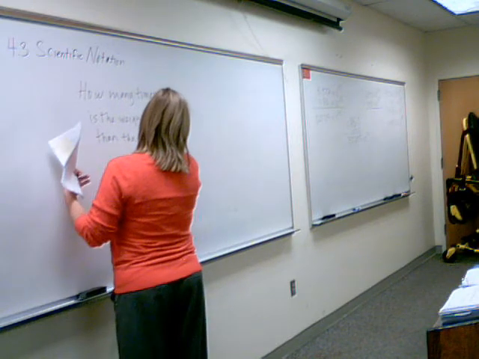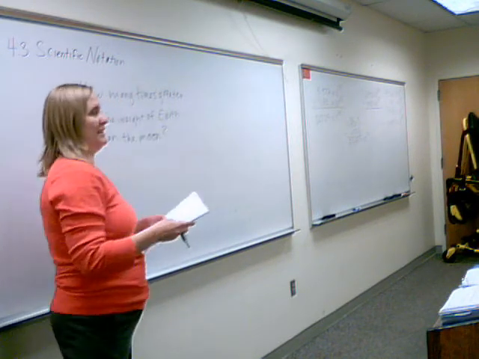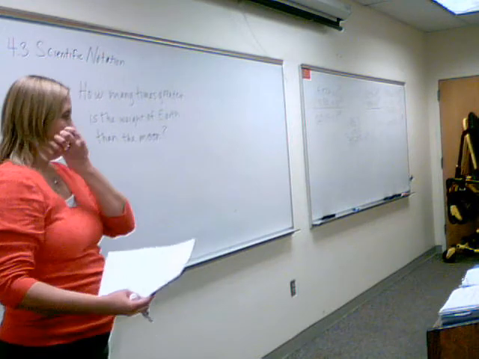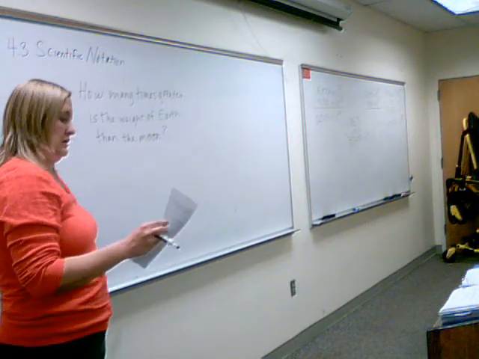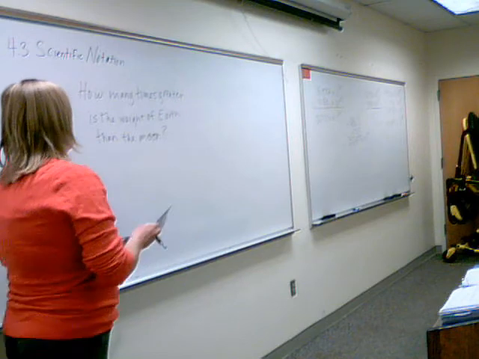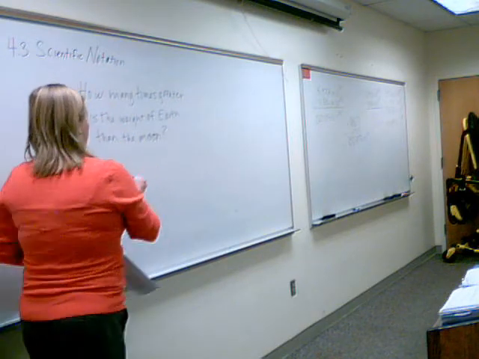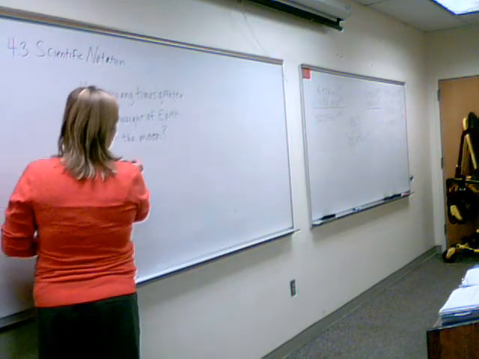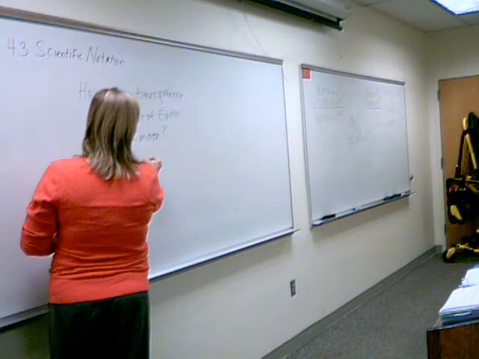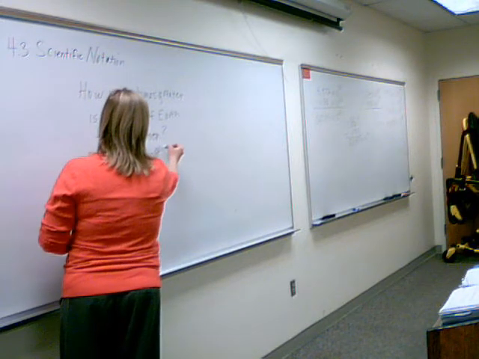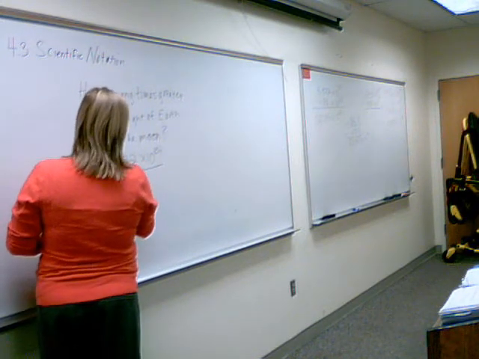So now I'm not asking for the difference, I'm asking how many times greater it is. So what kind of operation do you have to do? Division. So my numbers are still over there. I'm going to take the weight of the Earth and divide it by the weight of the moon.